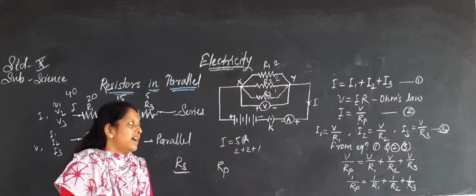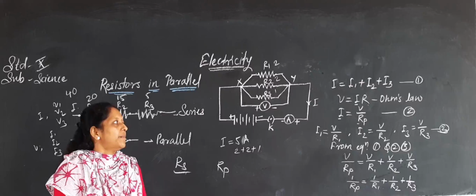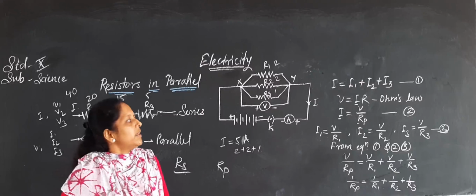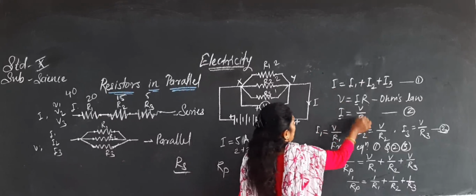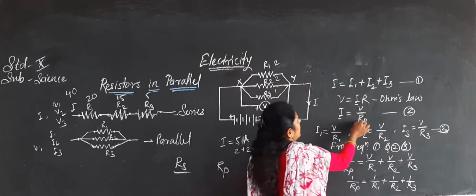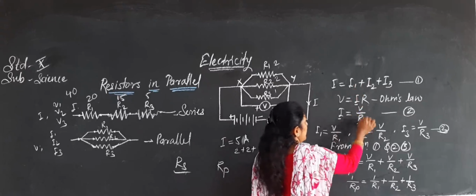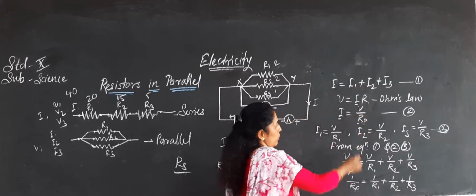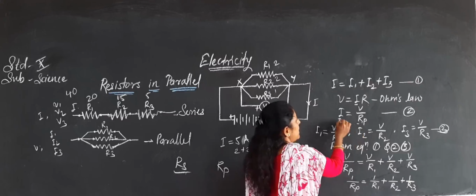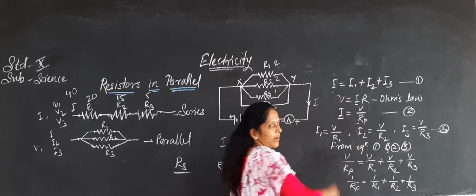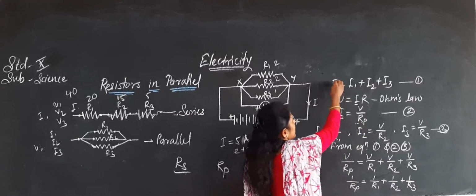Applying Ohm's law to each resistor, I is equal to V divided by Rp. Instead of I, we take V divided by Rp, and when we compare this and this, you will understand Ohm's law: I is equal to V divided by Rp. What is the value of I? V divided by Rp, so keep that value.